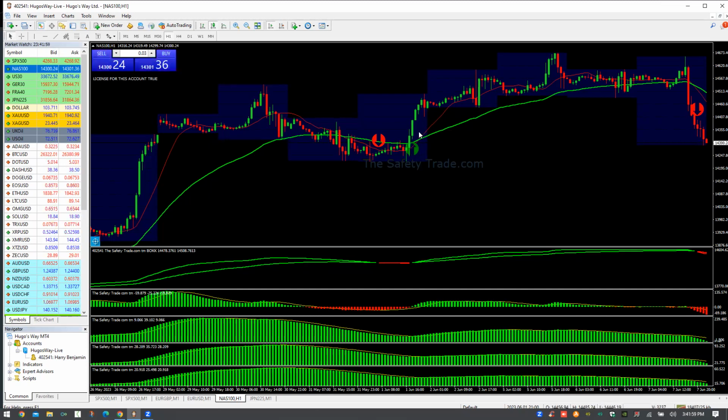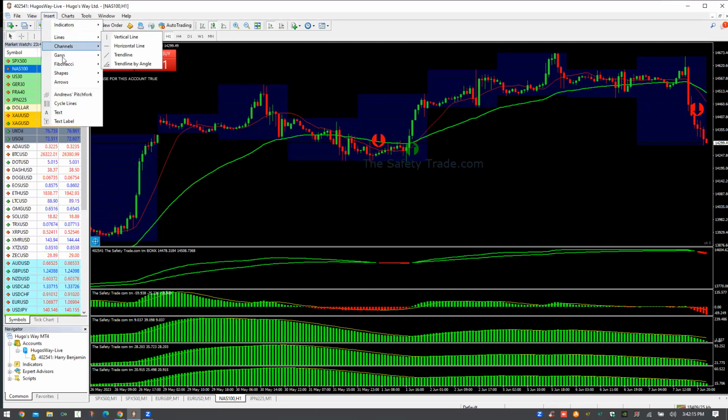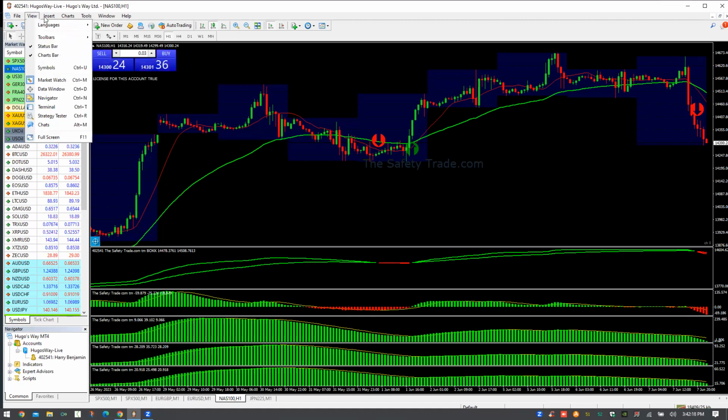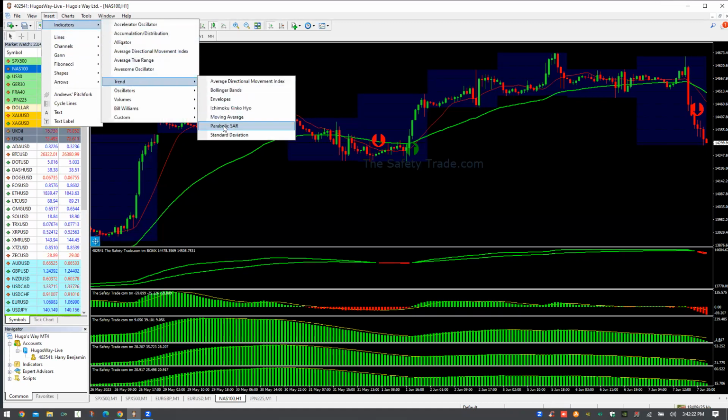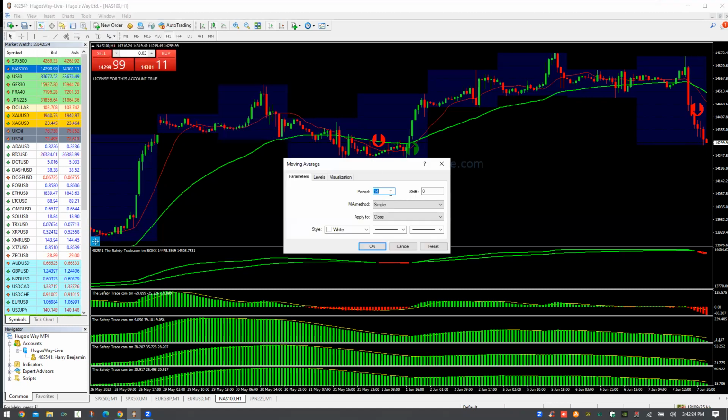I've heard Mr. Maddox train on this, and he puts in another indicator, a third one, and he uses both of them. There's another indicator here that he uses. Let me go and find it. Insert indicators, trend, and then moving average, and then 5.